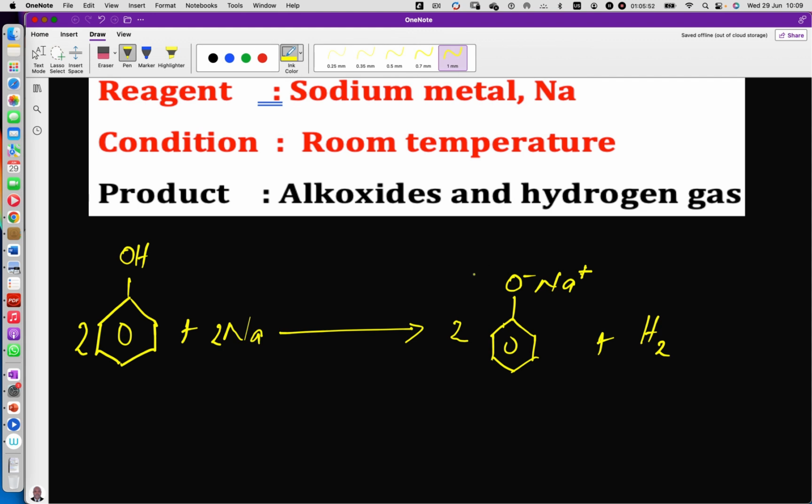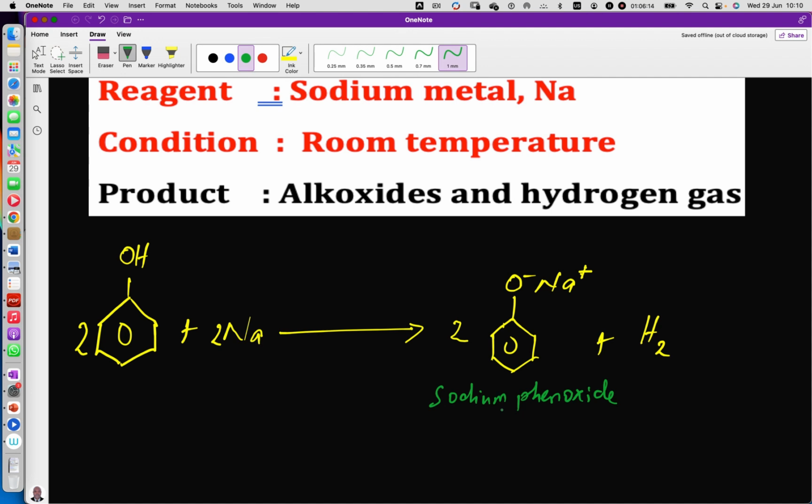So this product formed here is what we call sodium phenoxide.